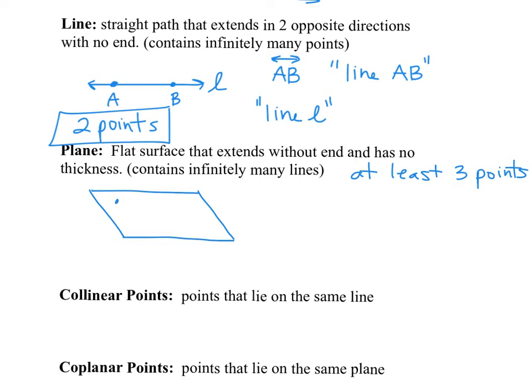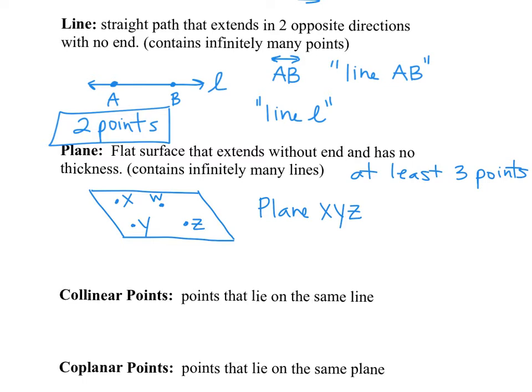So if I had point X, point Y, and point Z somewhere on my plane, I could say this is plane XYZ. Now, if there was a W on there as a point also, you could call it plane WXYZ. So you can do 4 letters, you can do 5 letters. The minimum is you have to have 3 letters to name a plane, okay?